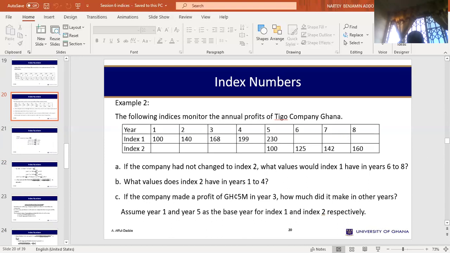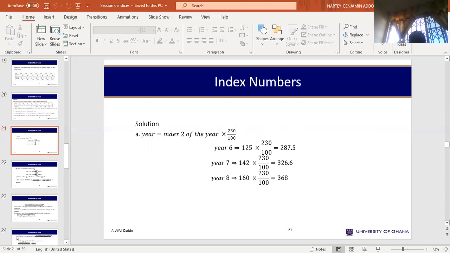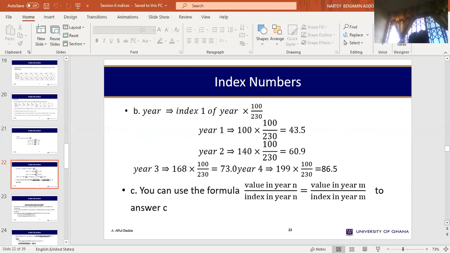And the base here for index 1 is year 1. Here again the 230 appears constant in all of the calculations. So for year 1 it is 100 over 230, for year 2, 100 over 230, for year 3, 100 over 230, multiplied by the respective index.